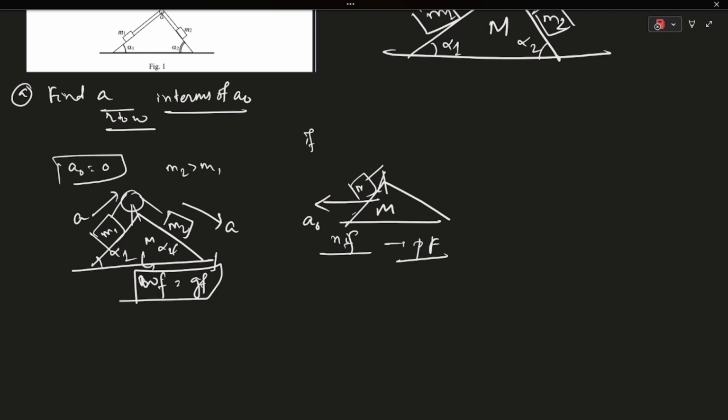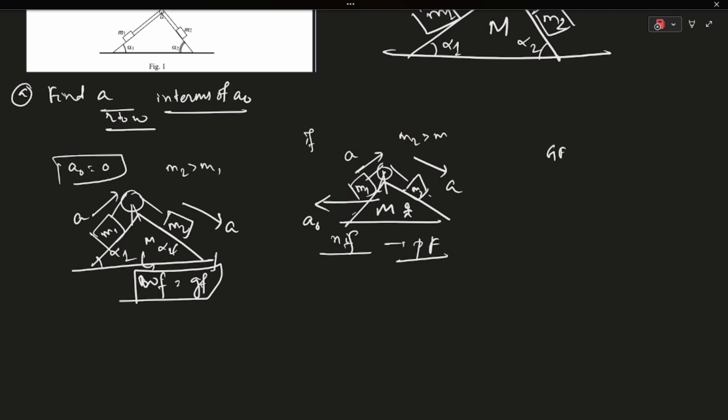So here it is M1, here it is M2. From the wedge frame of reference, let M2 be greater than M1. The acceleration of the wedge is 0, similar to the previous case. So M1 will move up along the incline with acceleration A, and M2 will move down along the incline with acceleration A.